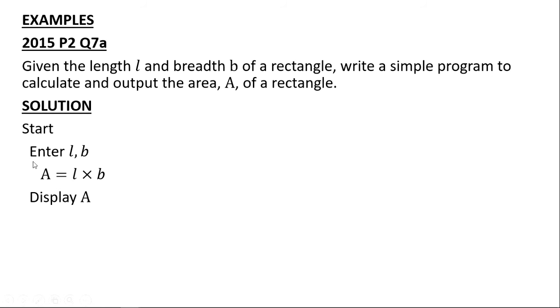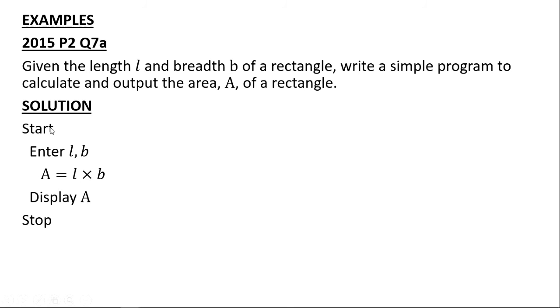So input and output are supposed to be in a straight line like that. After the output, then you can stop. The stop should be under the start. So the S for start and the S for stop must be in a straight line like that.